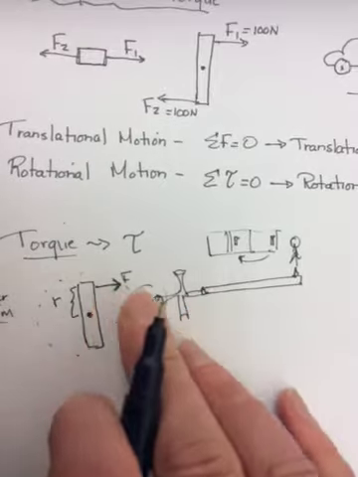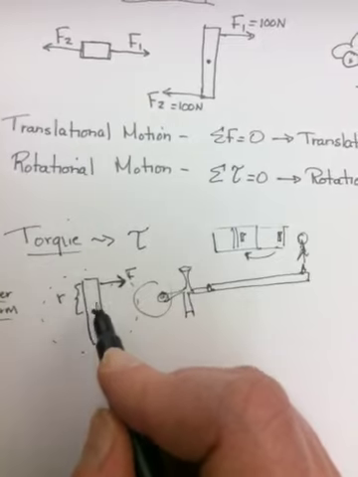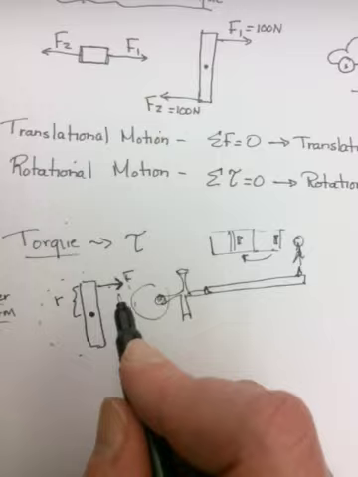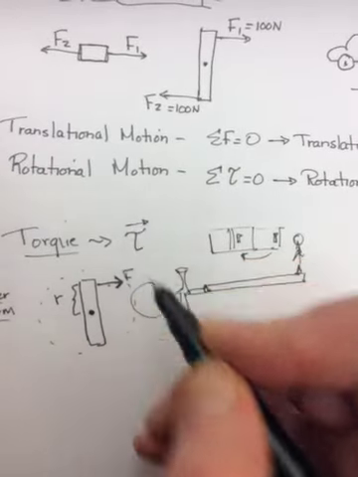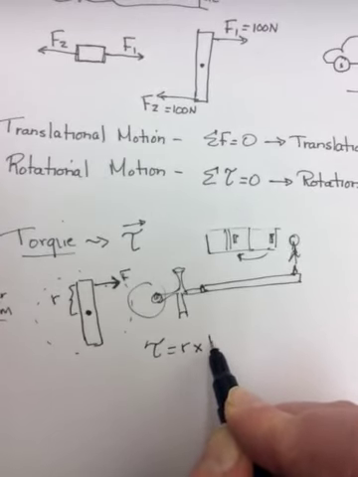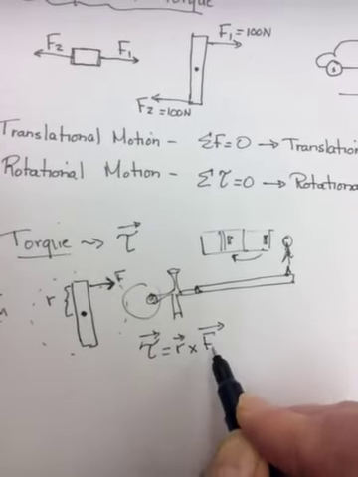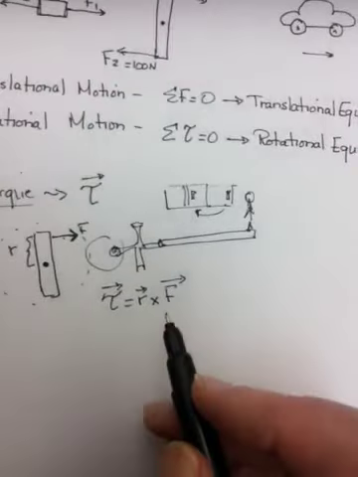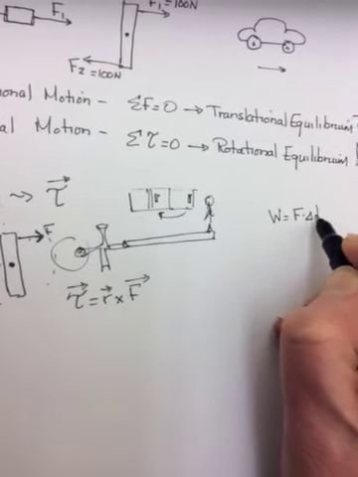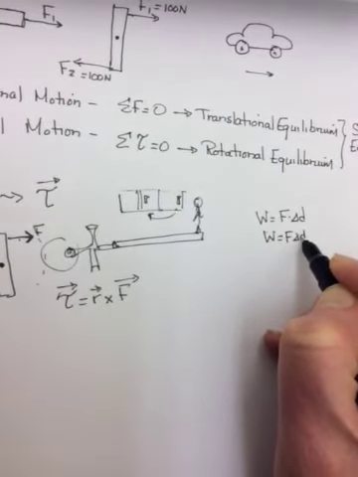But okay, so torque is dependent not only on the force that you apply, but also the distance from the pivot point that the force is applied. There's another thing it's dependent on too. Torque is a vector. And torque is equal to R cross F. And everybody who's in Science 12.2 just went, because when you cross multiply two vectors, and if you remember from grade 11 physics, we dot multiplied F and delta D for work, and we got W is equal to F delta D cos theta.